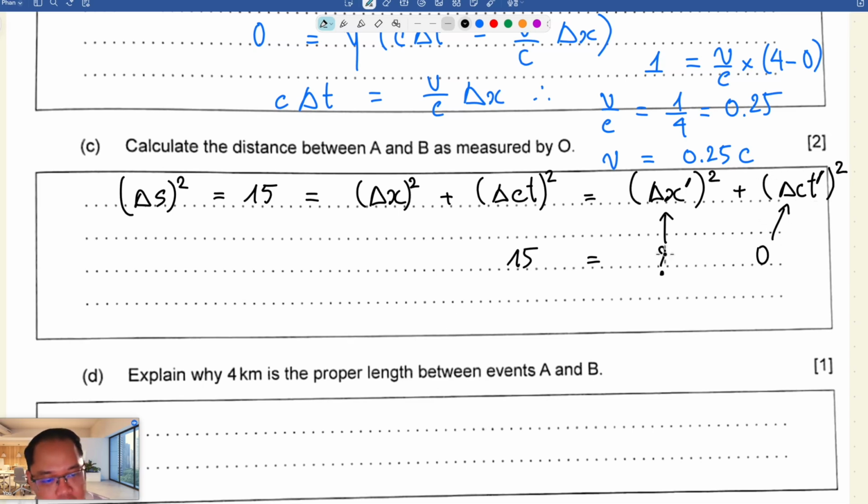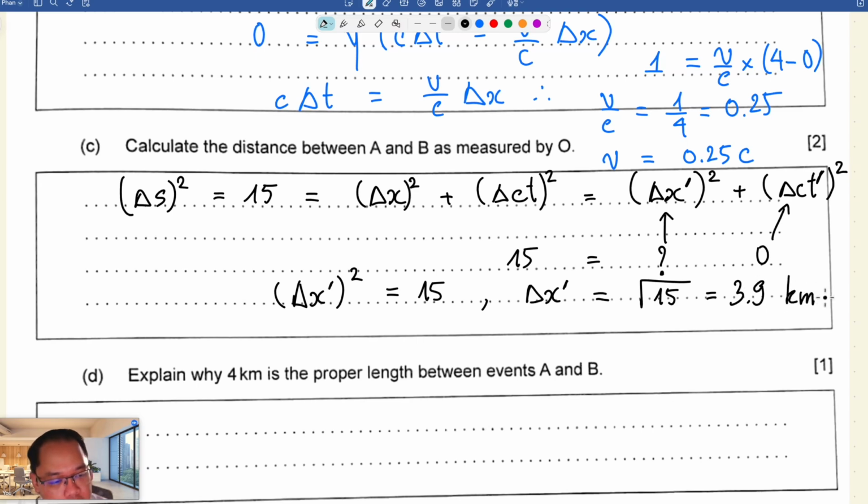Because the second term is 0, we can easily conclude that the square of the difference in position in this reference frame is 15. Therefore, the distance between the two events is the square root of 15, which is 3.9 kilometers, and it coincidentally equals the space-time interval in part A.